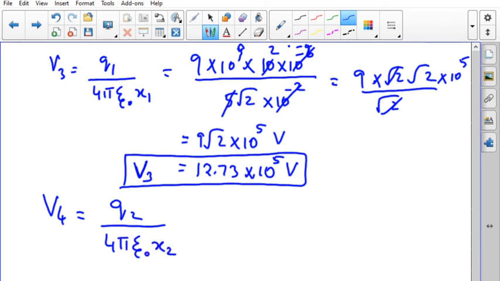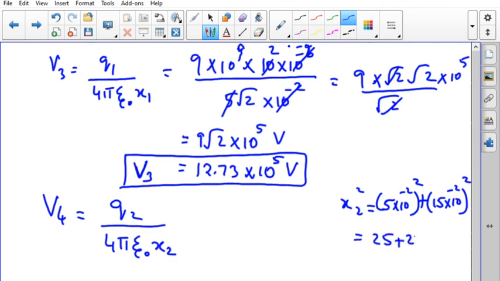How will you calculate x2? x2 squared is equal to, from the diagram, 5 into 10 power minus 2 the whole square plus 15 into 10 power minus 2 the whole square, and it is equal to 25 plus 225 into 10 power minus 4, which is equal to 250 into 10 power minus 4. Therefore, x2 is equal to 5 root 10 into 10 power minus 2 meter.